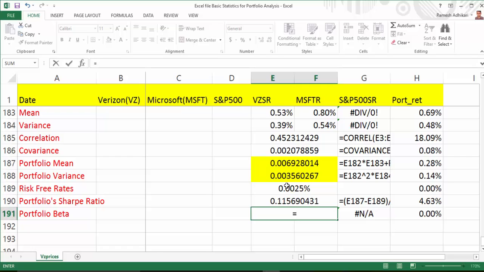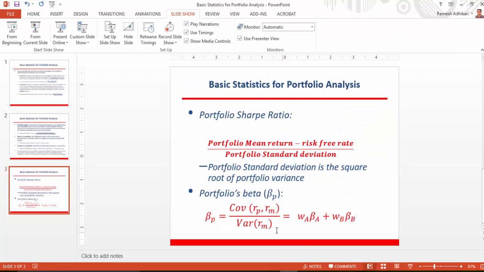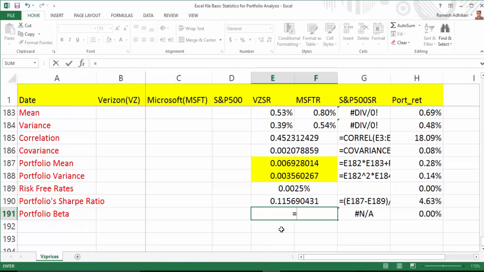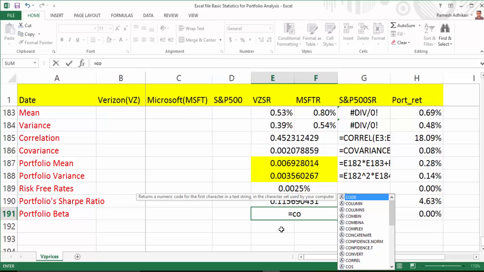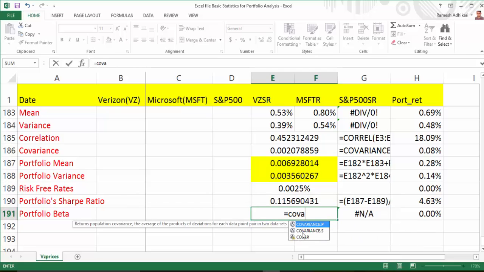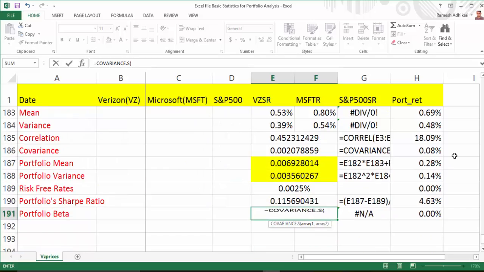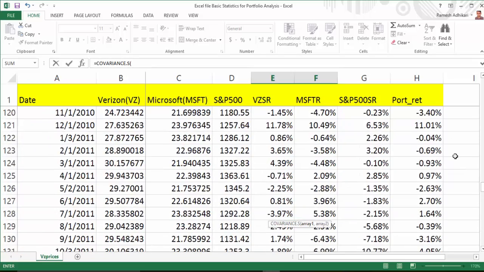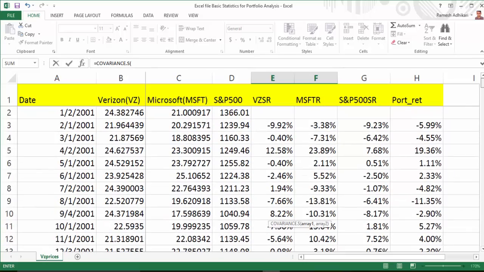Now, let's calculate the portfolio beta. If you remember how to calculate portfolio beta, see here, it's simply the covariance between the portfolio return and market return over the variance of the market return. So here is the covariance right here, and now you need the portfolio return series and the market return series.